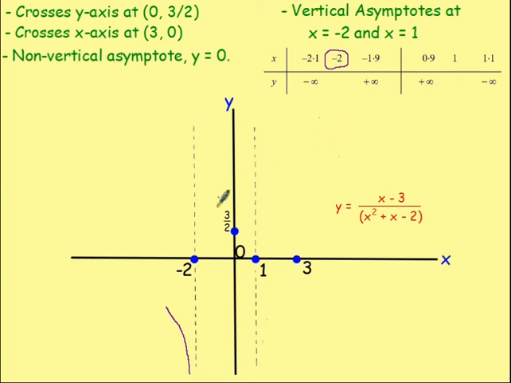To the right of it, you've got -1.9, which is positive, so you know it is coming from positive infinity. That's a line again that the graph is going to get closer and closer to, but not touch.